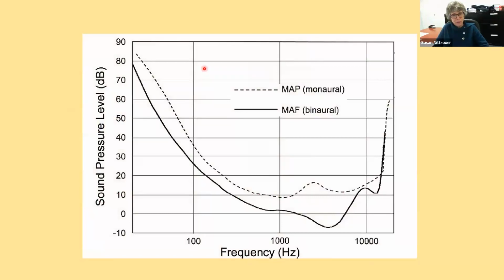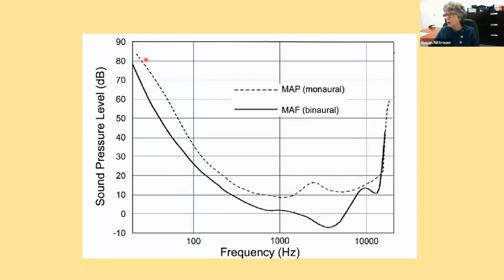Here we have frequency on the x-axis and sound pressure level on the y-axis, a spectrum, if you will. And we have the minimal auditory field and minimal auditory pressure functions here.